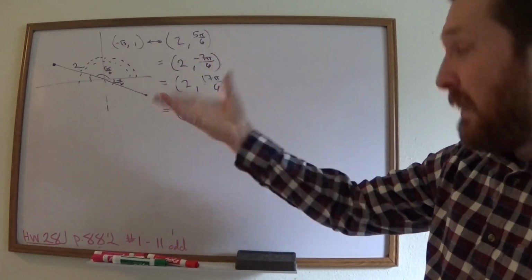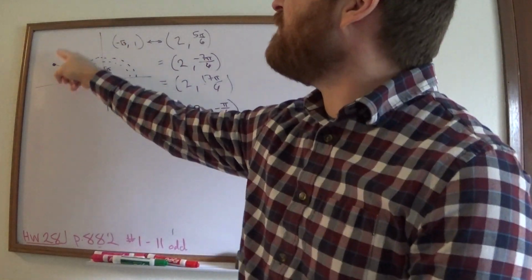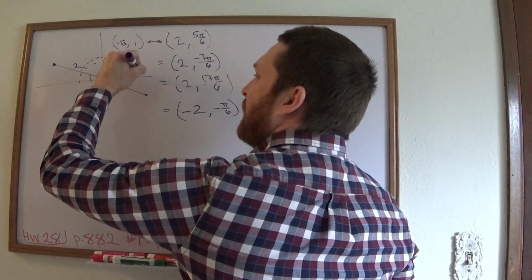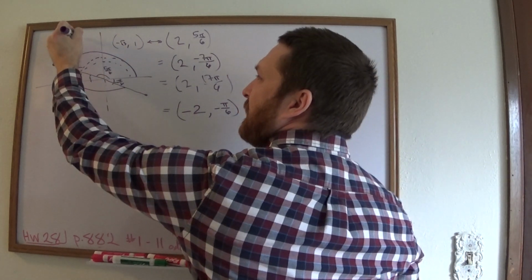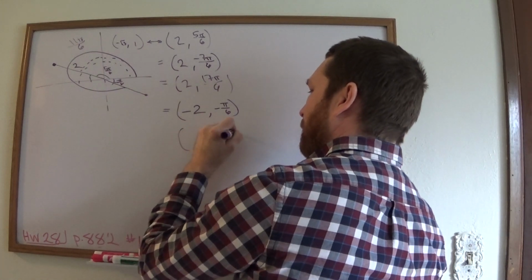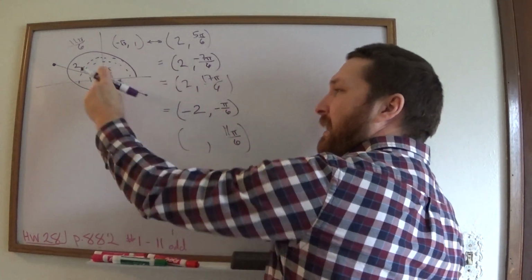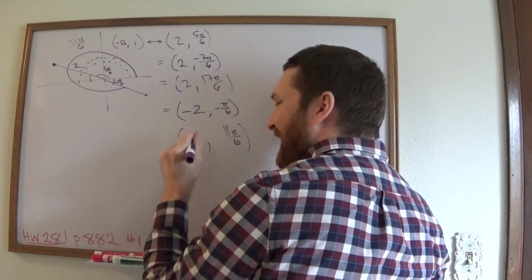Now another thing I could have done, I could have gotten to that same place by saying 11 pi over 6. So I could go, okay, 11 pi over 6. But again, now that you're here, you've gone 11 pi over 6, now go negative 2 that way.